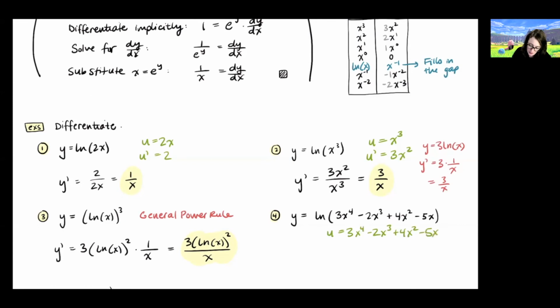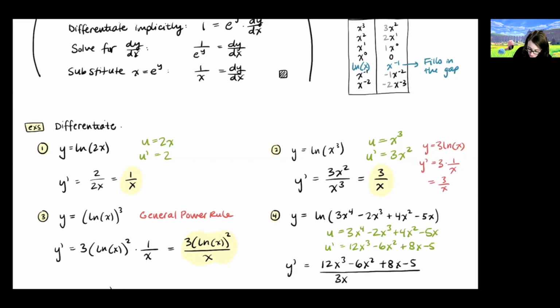And to differentiate this, we'll do u prime over u. So here's u prime. The derivative of this, we'll have 12x to the third minus 6x squared plus 8x minus 5. Okay, to find the derivative of the entire thing, we'll just put u prime over u, and that's it. Natural log's derivative, u prime over u. So we'll do 12x to the third minus 6x squared plus 8x minus 5.